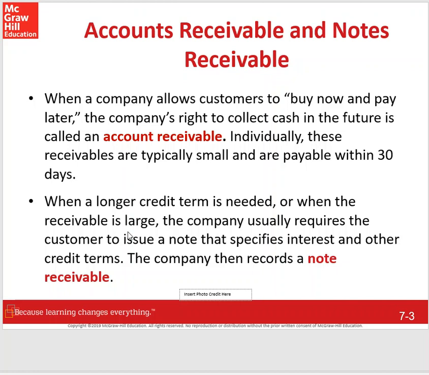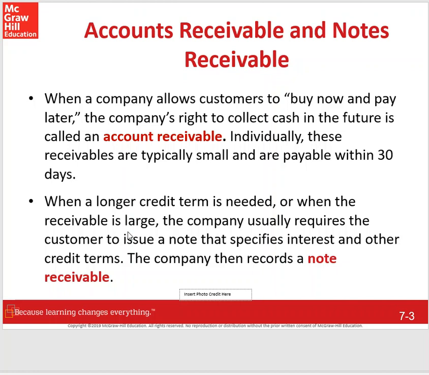Is it possible that notes receivable could arise from doing what we're ordinarily in business to do? Yeah, it could. Let's say that we have a customer that has an unusually large order. They come to us and they say, we need to buy $1 million worth of widgets from you. I know that's triple the amount that we usually order in an entire year, but we have this great opportunity.